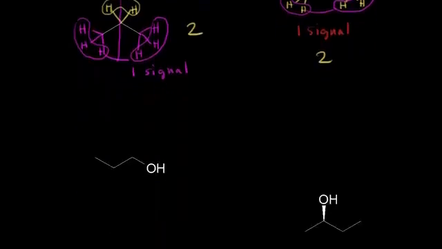Let's look at this one next. We have a carbon right here with 2 protons on it, and these 2 protons are in the same environment. They're chemically equivalent. These 2 protons are next to this oxygen here. We know oxygen is more electronegative than carbon, so oxygen is going to withdraw some electron density.